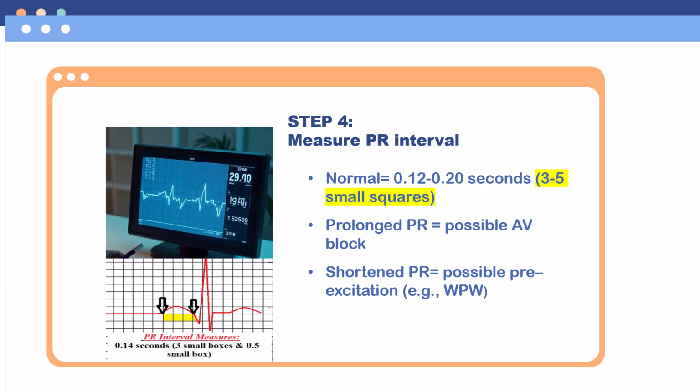But in WPW you will have a short PR interval, a broad QRS complex, and something called a delta wave. We will discuss WPW later in the next videos, because it is a chapter in itself. You will not find many patients with WPW, because it's very difficult to get such patients, because it happens just before a cardiac electrical delay.